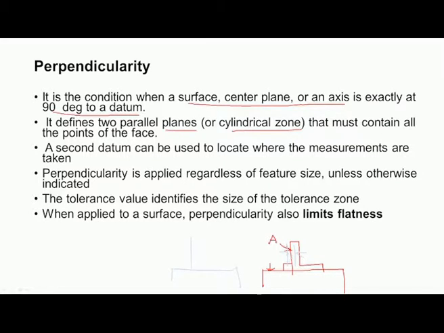and then this is the workpiece, and we have this axis.